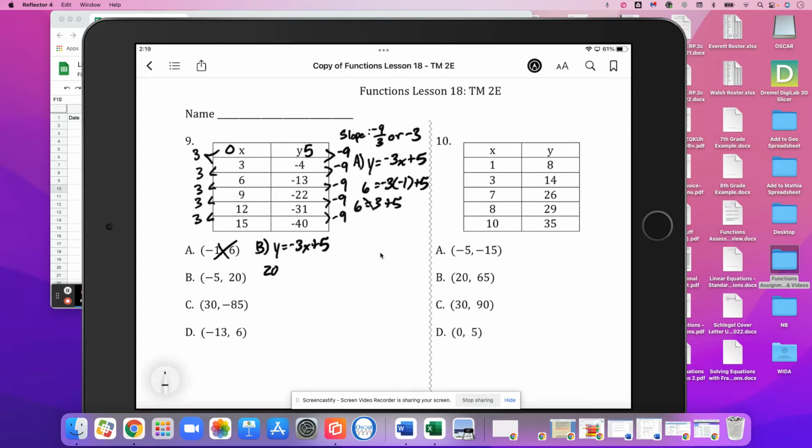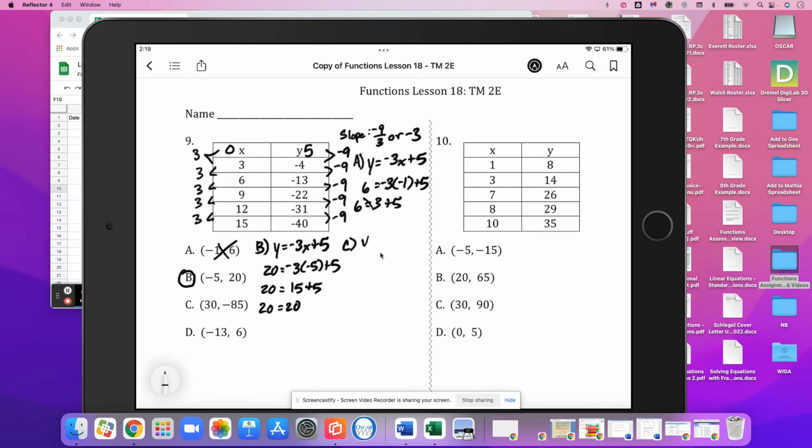We've got 20 equals negative 3 times negative 5 plus 5. 20 is equal to positive 15 plus 5. 20 is equal to 20. Yes, B satisfies the function.